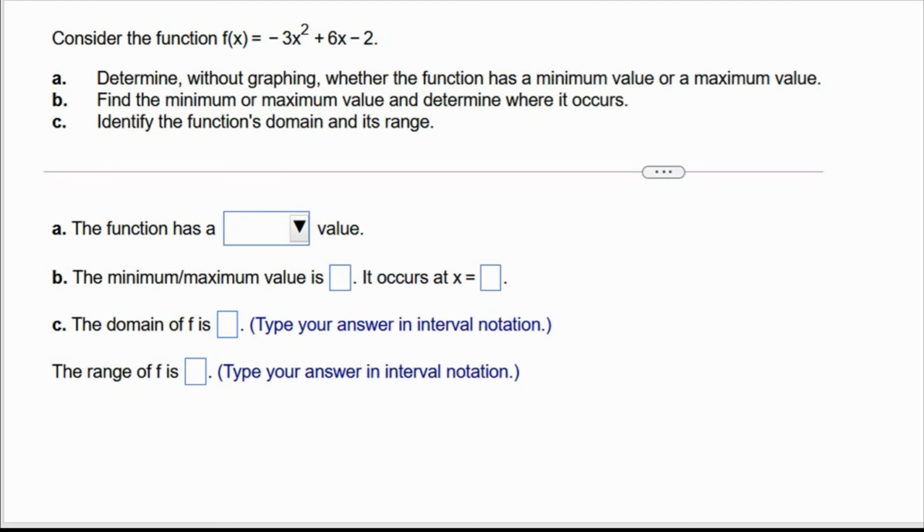Just looking at this guy, they want you to determine whether or not it has a minimum or maximum. Does it have an extrema? That's what that means. Extrema means a minimum or maximum. It does because it's a quadratic function, and so it has the parabola shape. So it's either going to be shifting up or shifting down.